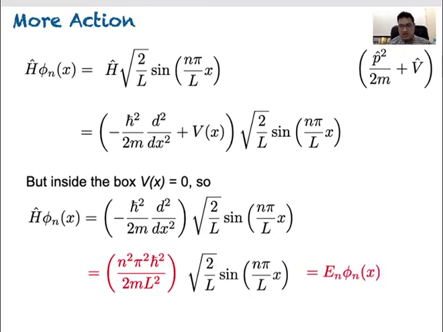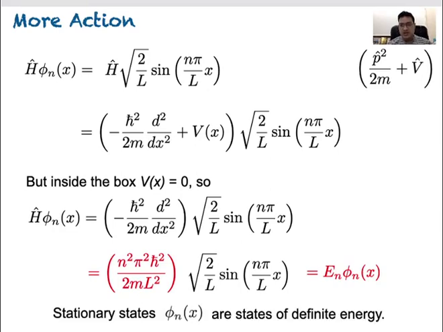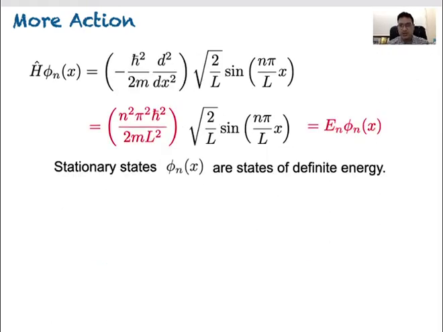So H operating on phi n of x is equal to En times phi n of x, and then we can say that this wave function is an eigenfunction of this Hamiltonian. We have already said this, but here I have shown mathematically that this equation indeed holds. Then we can say that these states are stationary states, which are of definite energy En.